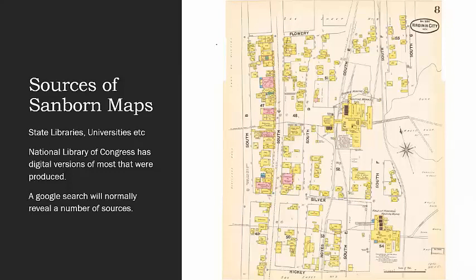And you can learn an awful lot just by spending some time studying the maps to find out, this is where the winder was, where the boilers were, or where the stamps were kept, or whatever.